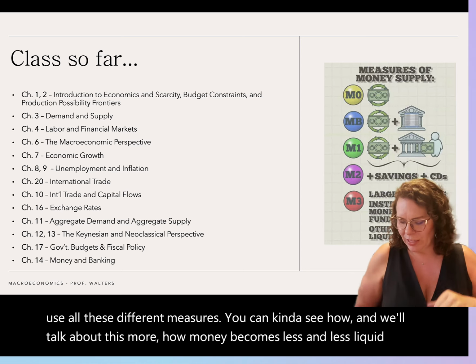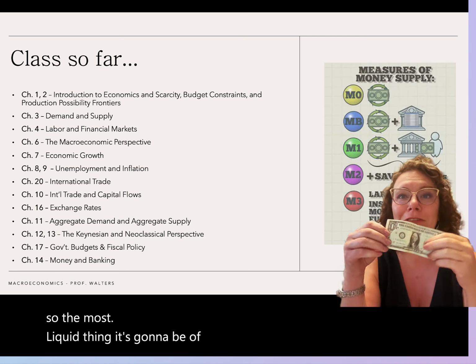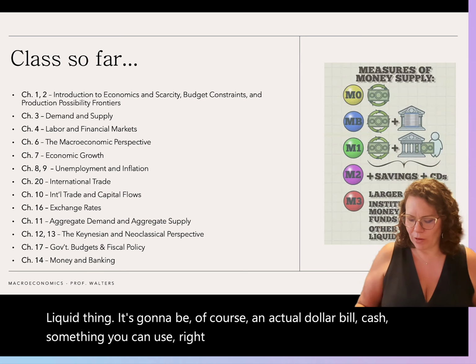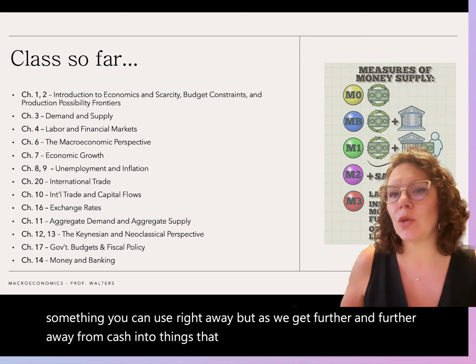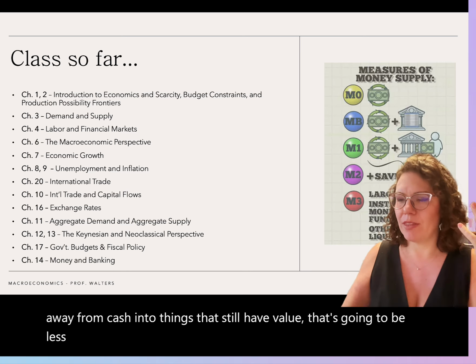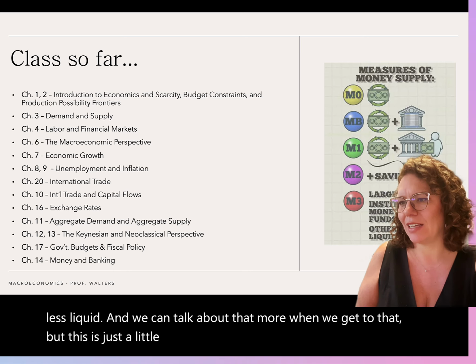So the most liquid thing is going to be, of course, an actual dollar bill, cash, something you can use right away. But as we get further and further away from cash into things that still have value, that's going to be less liquid. We can talk about that more when we get to it, but this is just a little preview.